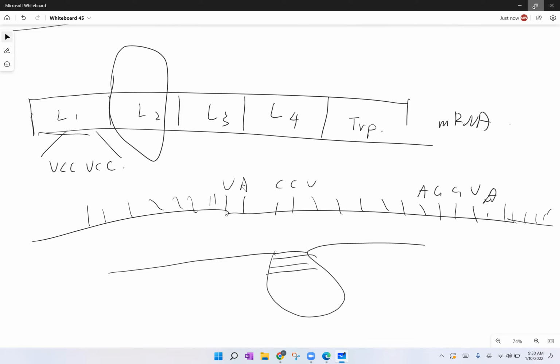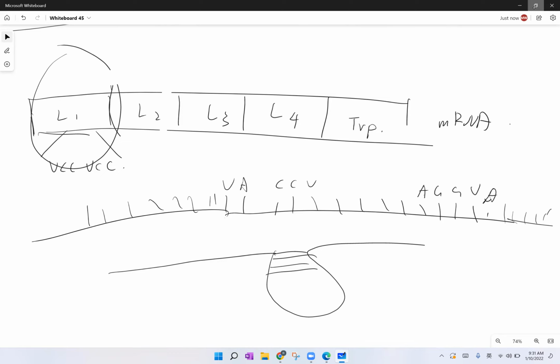So what's gonna happen? If the ribosome is here, what's the order for transcription? We transcribe from this direction towards that direction, right? So what's first going to be transcribed?